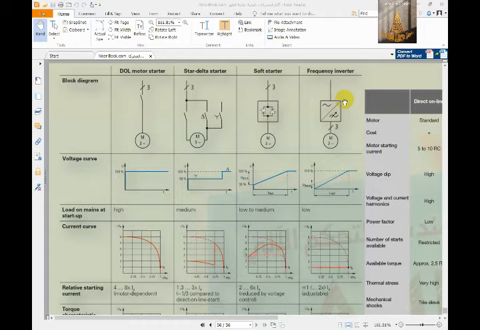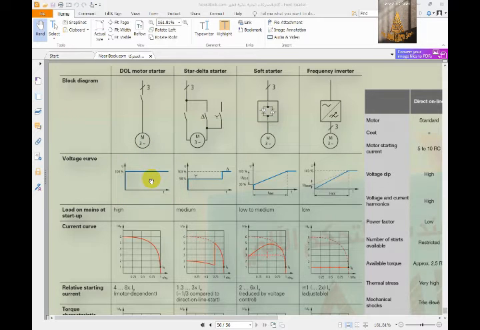Okay, so when we see the voltage curve, it goes from 0 to 100% directly in the direct online motor starter, and we say it's very dangerous for the motor and for the cables. If the cable is not qualified to withstand this very fast start, it may explode.